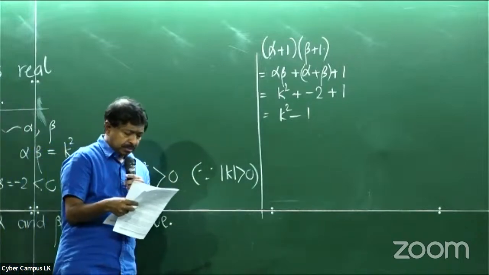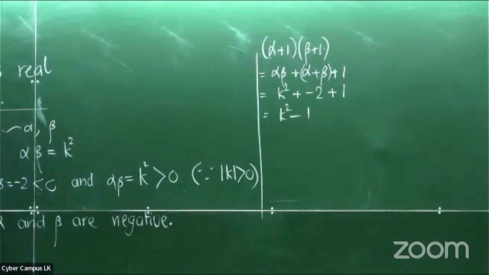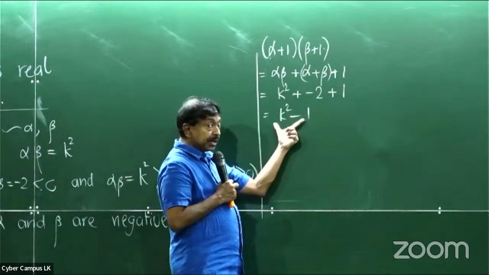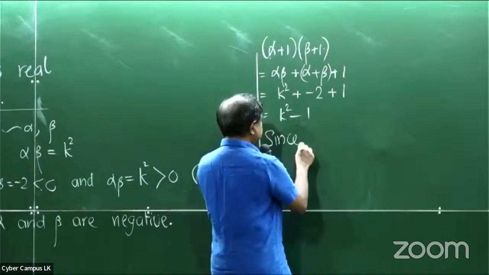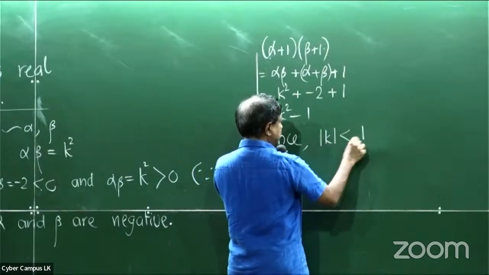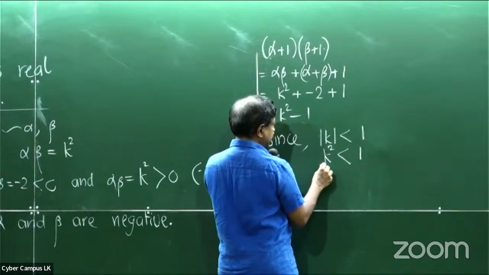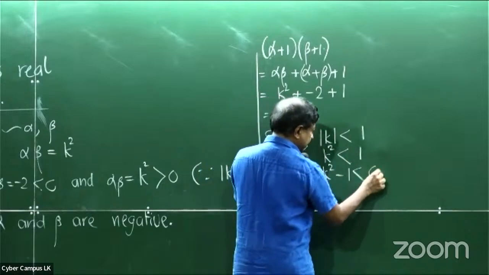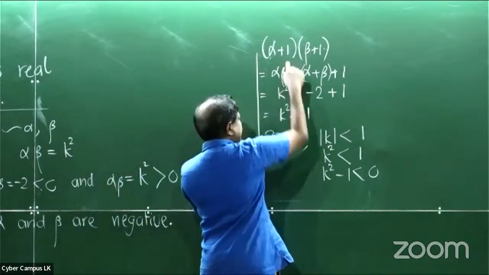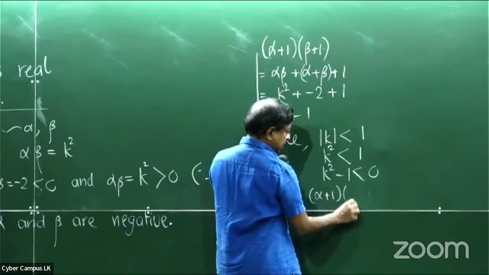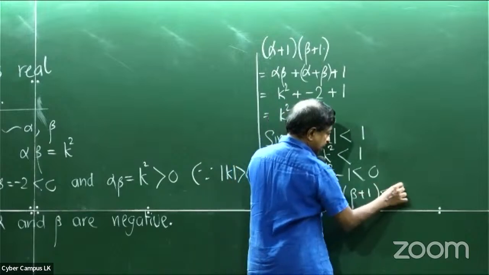Now we need to show that if alpha is greater than beta, we can deduce that alpha is greater than minus 1 and it is greater than beta. So we need to know what the sign of this is. Since mod k is less than 1, when you square this, you get this. So k squared minus 1 is negative. Since k squared minus 1 is equal to alpha plus 1 times beta plus 1, this product is negative.